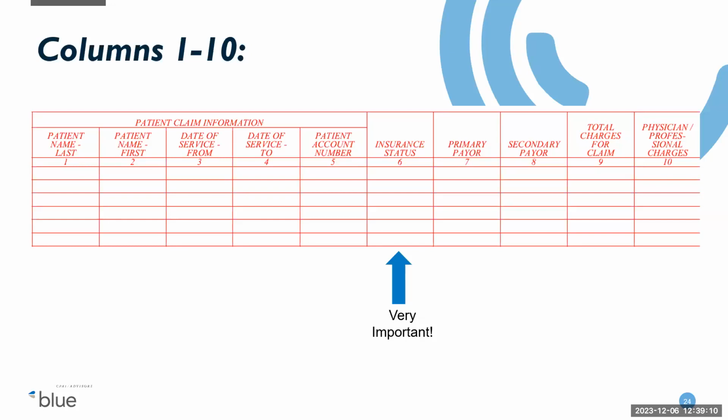But then in column 10 they say, if the total charges in column 9 include professional fees, break out what those pro fees are. So I don't know why you wouldn't just report the hospital charges to begin with in column 9. But yes, they do want a breakout between hospital charges and physician charges. My recommendation would be, if you can get to that breakout, just report the hospital charges in column 9. You don't need to do anything with column 10 there.